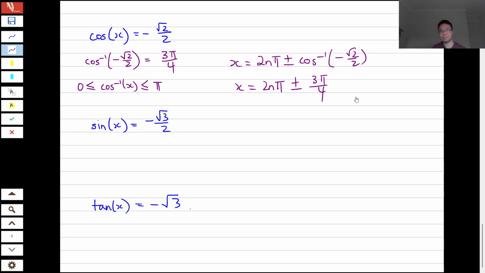Done. And if you wanted to, you could combine everything into a single fraction, like so. So 8n plus or minus 3 times pi divided by 4. 8n over 4 gives me 2n.